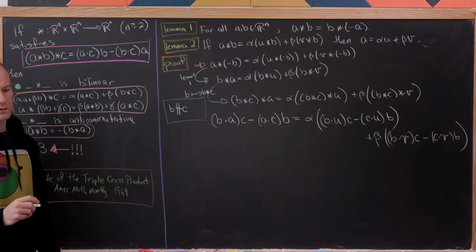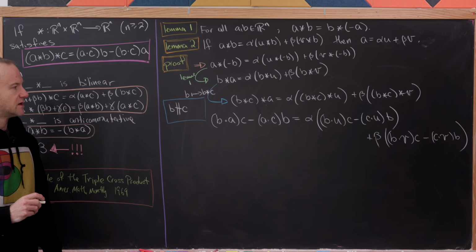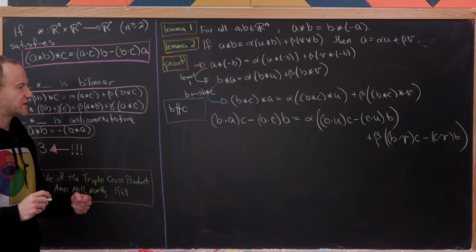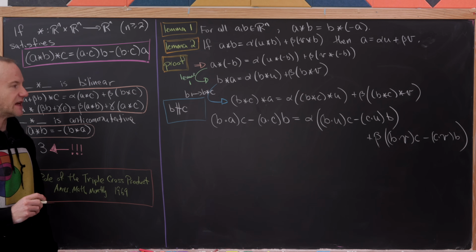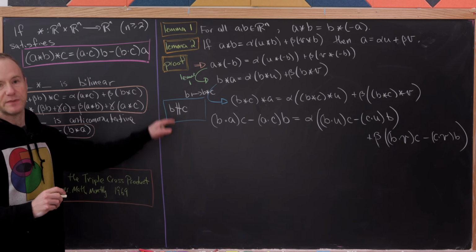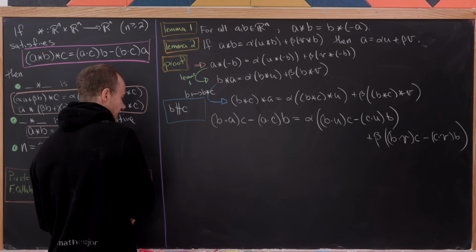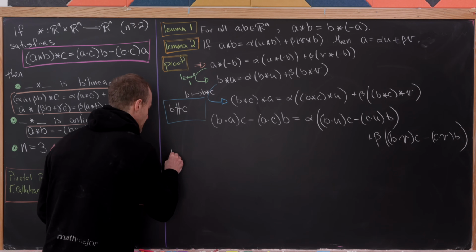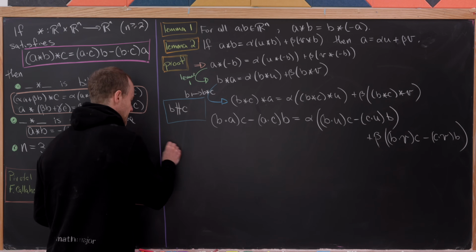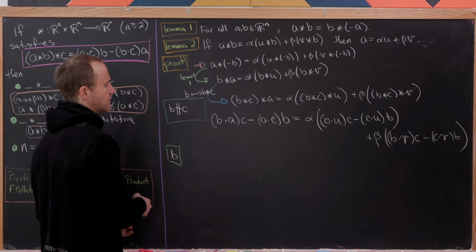But now let's observe what we can do here: set the coefficients of b and c equal to each other on both sides. That's because b and c are linearly independent. So the coefficients of vector b on both sides of the equation give us the following.